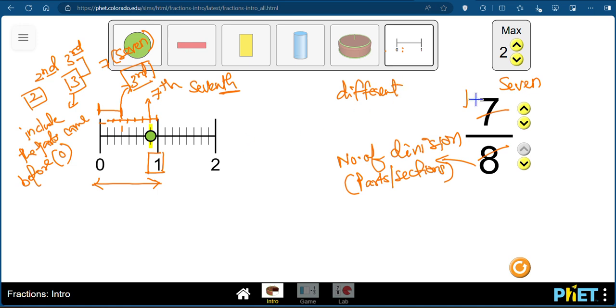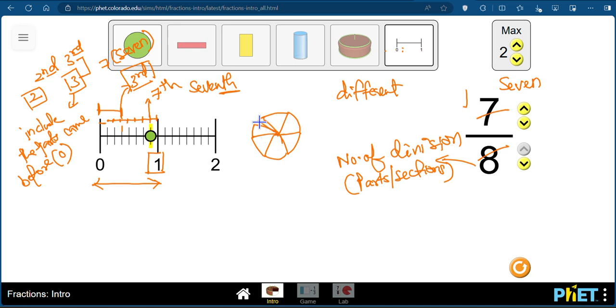How different? Well, 7 over 8 is a fraction, and a fraction always tells me the cake slices. Well, 7 means what? There are 7 slices, right? 1, 2, 3, 4, 5, 6, and 7.